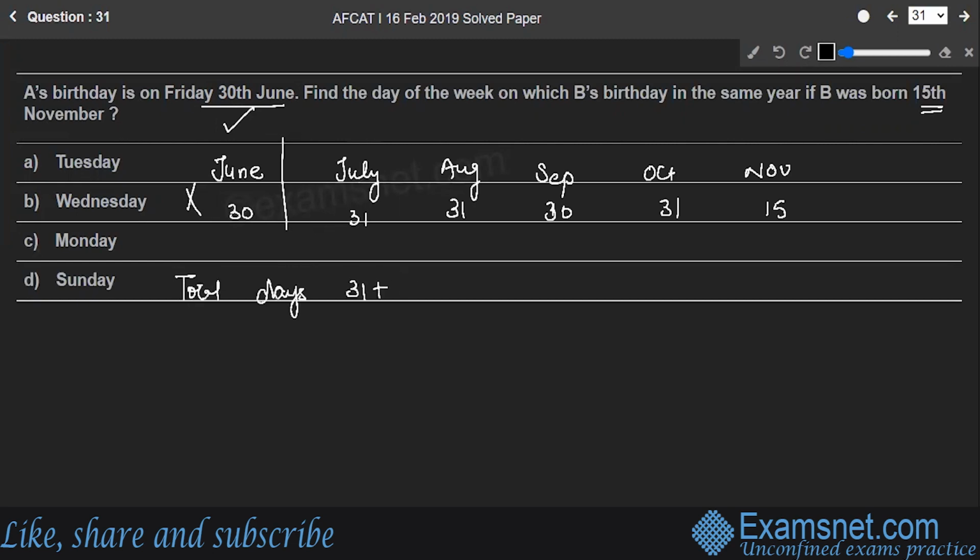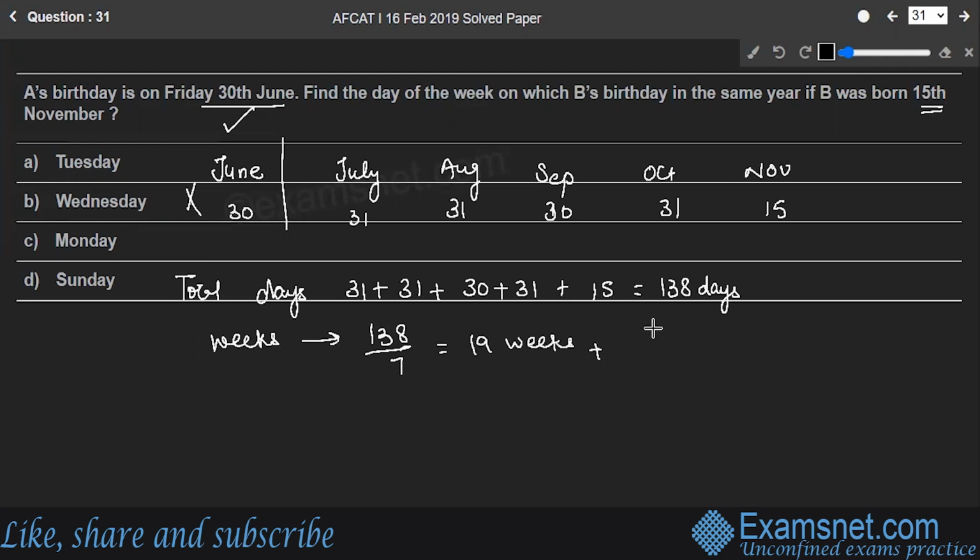That is 31 plus 31 plus 30 plus 31 plus 15, which gives you a total of 138 days. So how many weeks are there? 138 divided by 7 gives me 19 weeks plus 5 days.